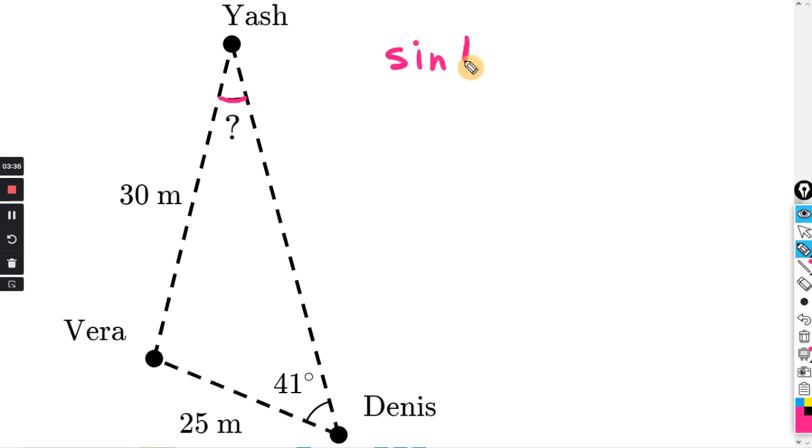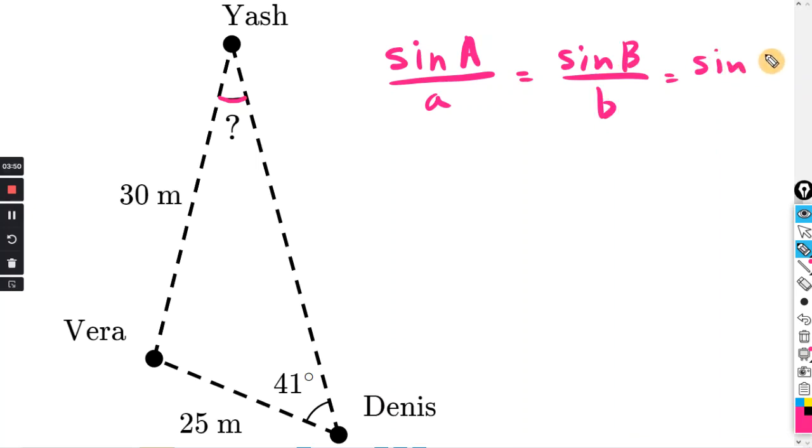So law of sines is just sine of an angle A over a equals sine of an angle B over b equals sine of an angle C over c. Now we're not using 3 at a time, we're only using 2 at a time, so I'll cross one off.